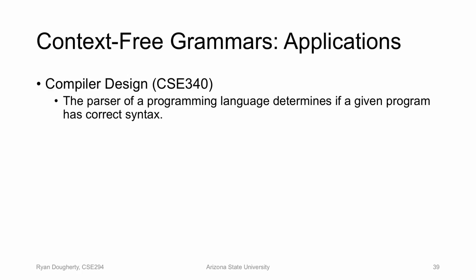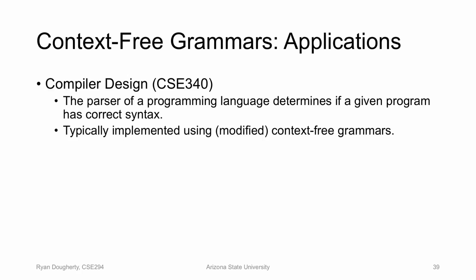And if the context-free grammar says, yes, we can generate this string, therefore your program is syntactically correct. Okay? So that's a very large part and a big headache of designing compilers: being able to design what programs you can generate using a context-free grammar on the back end. So these things are used heavily there.